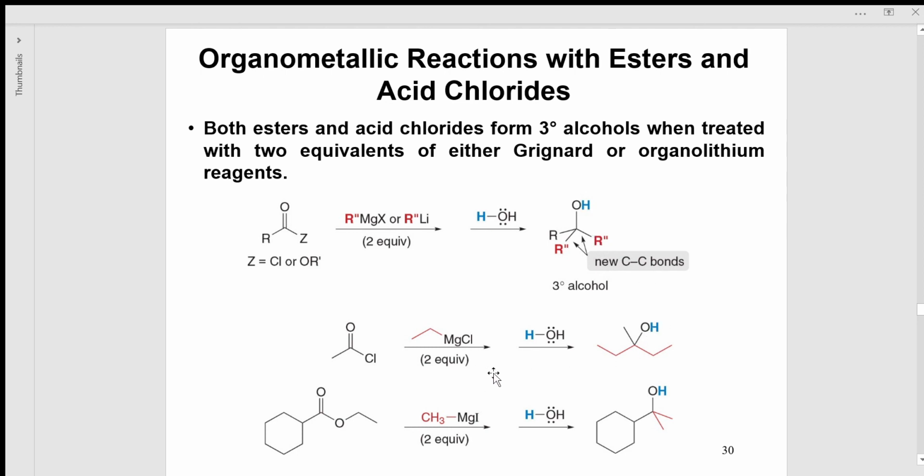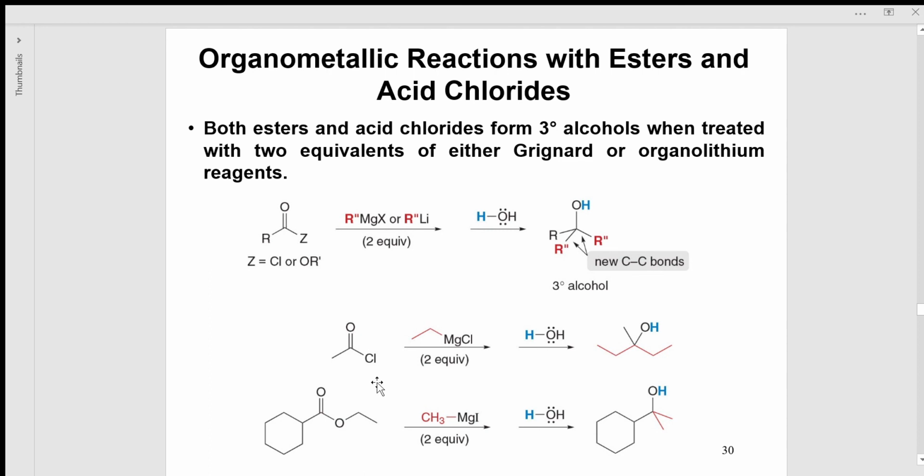Because we need two organo parts in the final product, we need at least 2 molar equivalents of either the magnesium reagent or the lithium reagent to do the reaction.